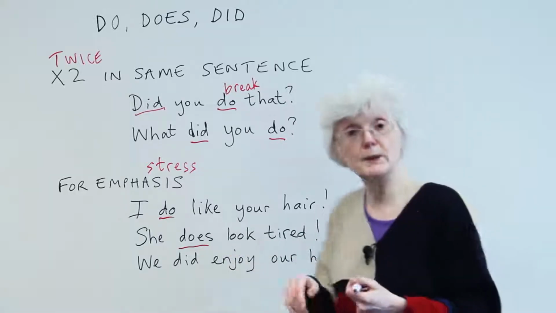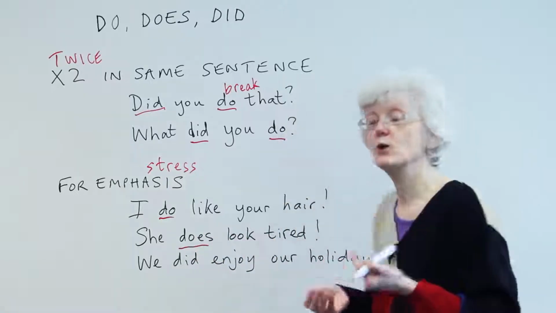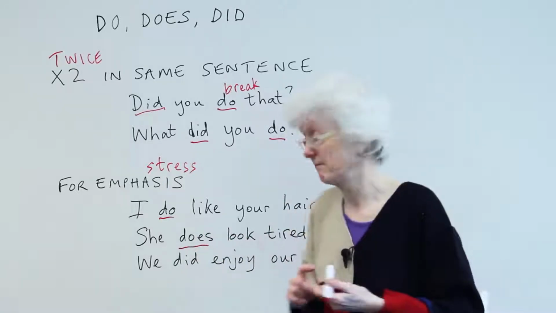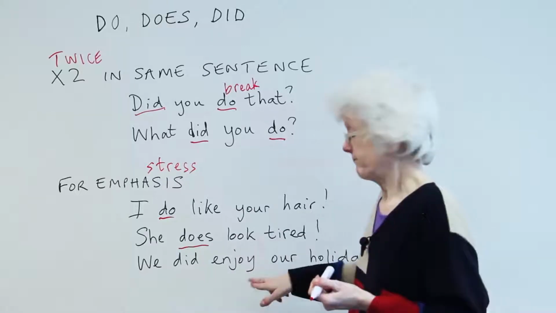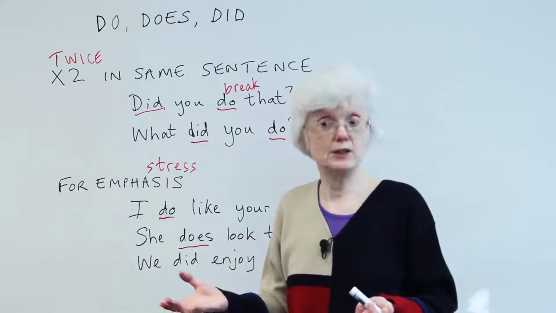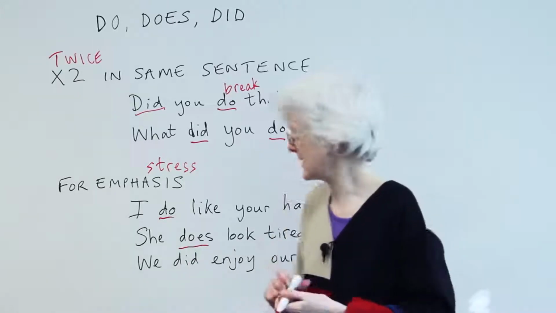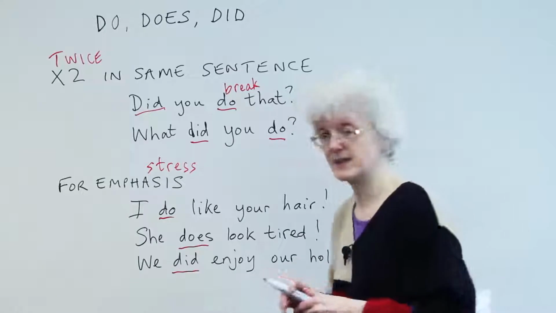And then say you've been on holiday, a nice positive example again. You had a really nice time. So you could say we enjoyed our holiday. Oh, yes, we enjoyed our holiday. But, we did enjoy our holiday. That's the emphasis, okay?